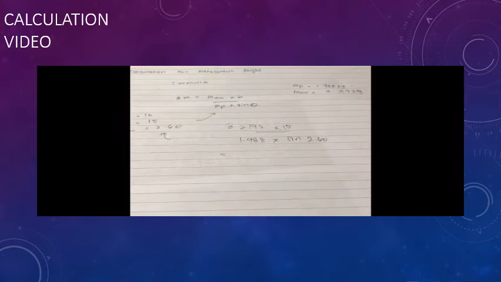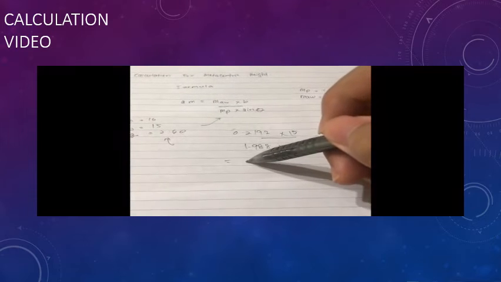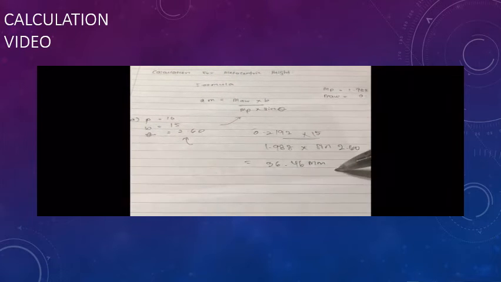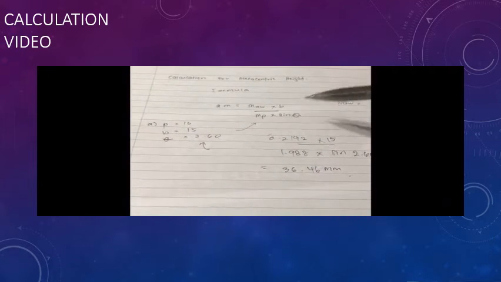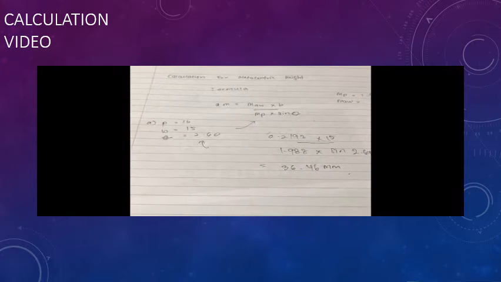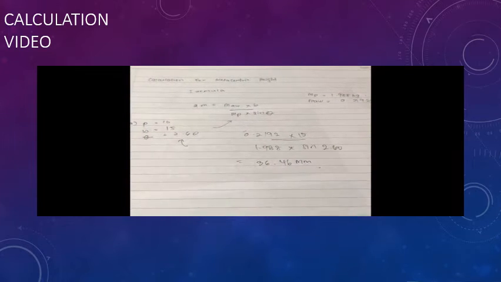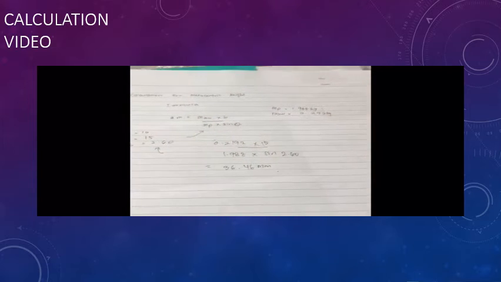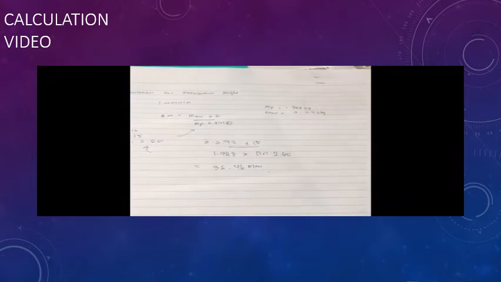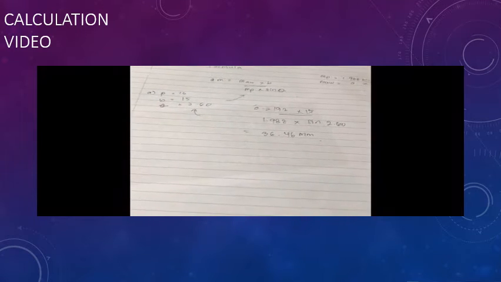So the metacentric height is 36.46 millimeter. So this is how we use the formula to find the metacentric height. We use the same formula for 50 millimeter height and 100 millimeter.